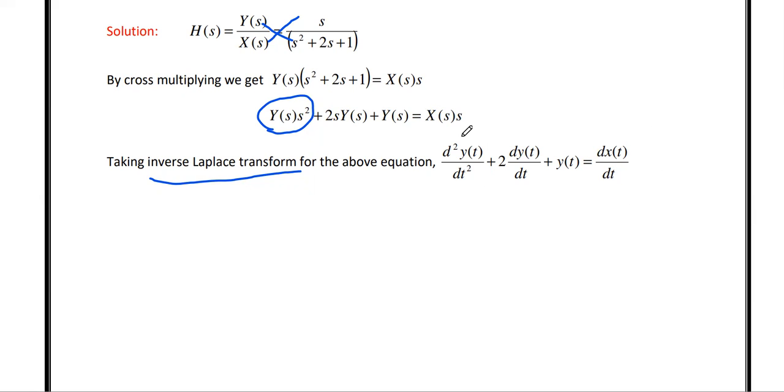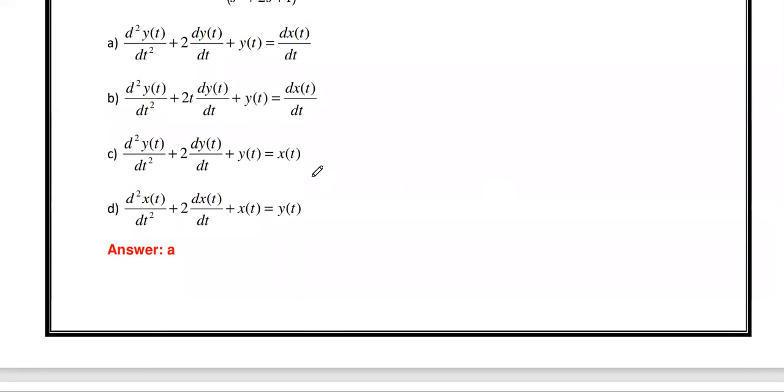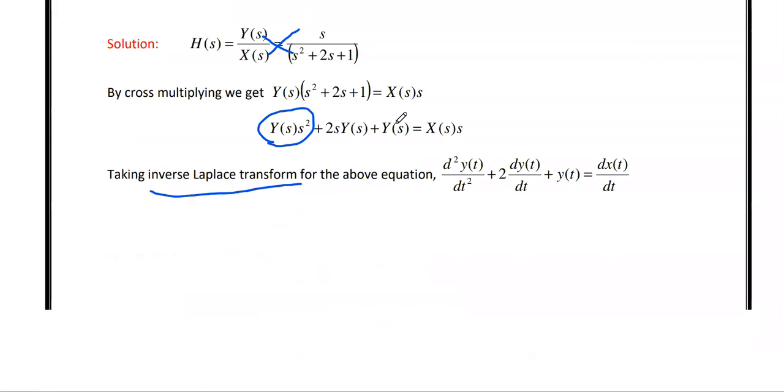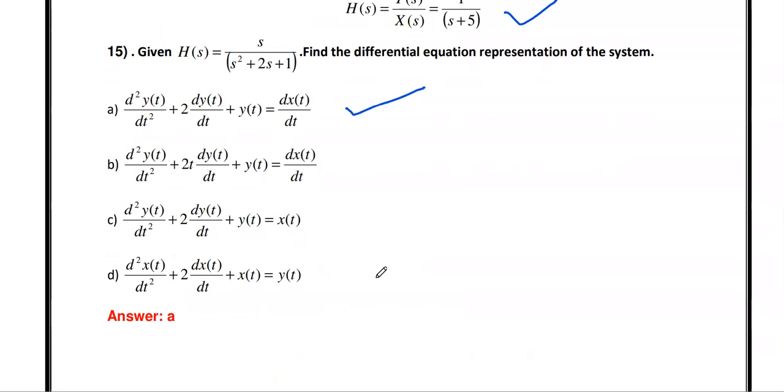So this is the answer: d squared y of t by dt squared plus 2 dy of t by dt plus y of t equals dx of t divided by dt. You just see here, this one is the correct answer. So A is the correct answer.